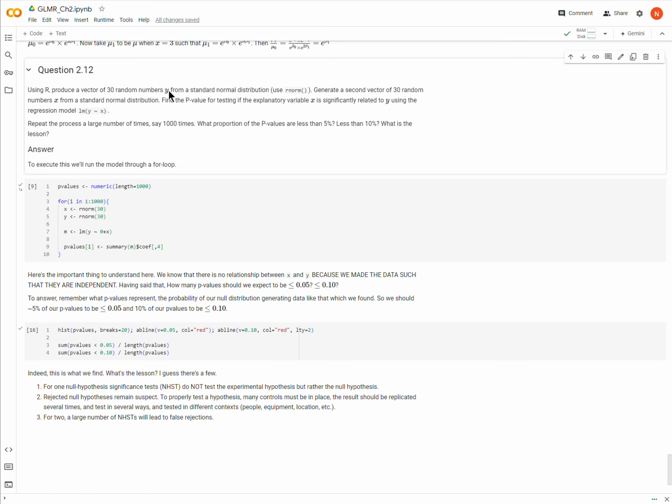Then I'm going to run a for loop 1,000 times, and with each loop I define x and y both as standard normal distributions with 30 observations. The rnorm function assumes a mean of 0 and standard deviation of 1 unless you define it otherwise, so if I just put 30 in there, I'll generate 30 random numbers from a normal distribution.